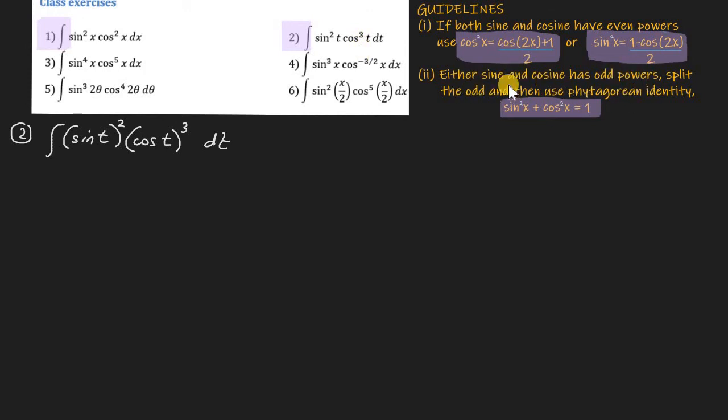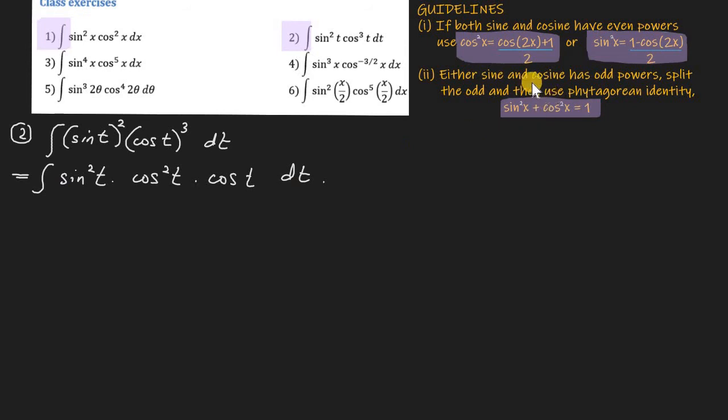Whenever you see an odd power, the cosine power 3, consider splitting it first, such that this cosine power 3 becomes cosine square t times cosine t, like that.